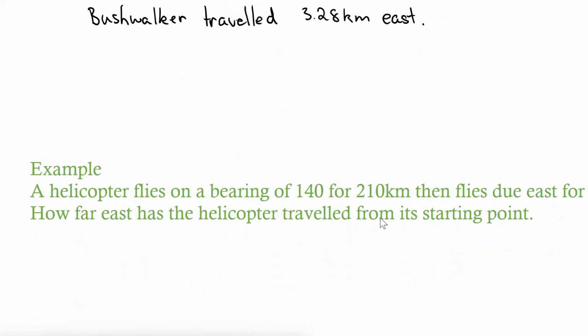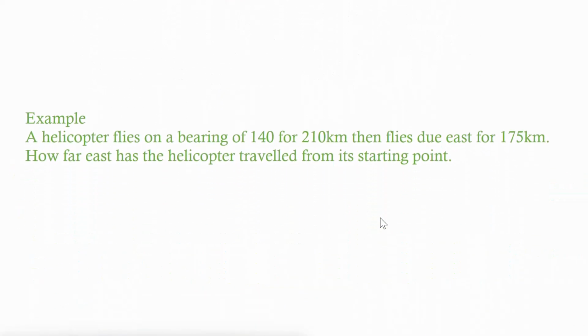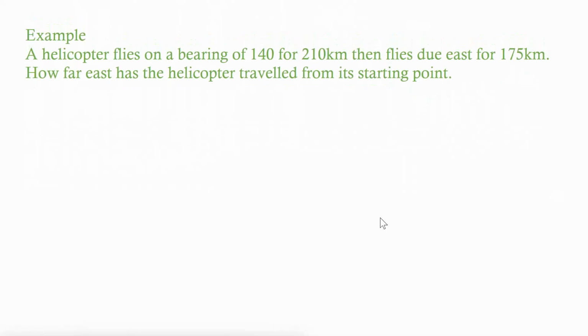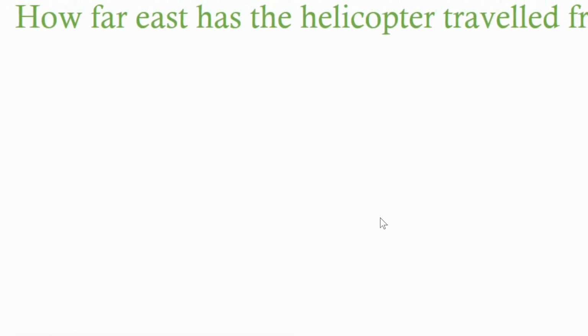All right, we're going to have a look at another problem here. So this time we have a helicopter that flies on a bearing of 140 degrees for 210 kilometers, then flies east for 175 kilometers. How far east has the helicopter traveled from its starting point? So the first thing we're going to do is draw a starting point.